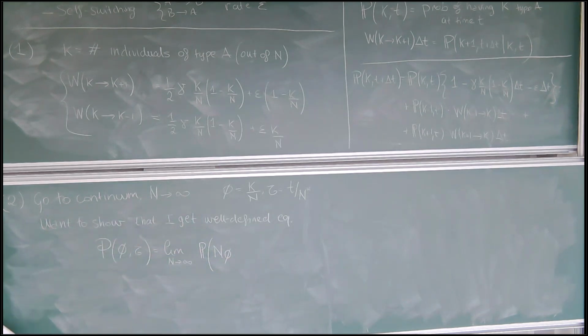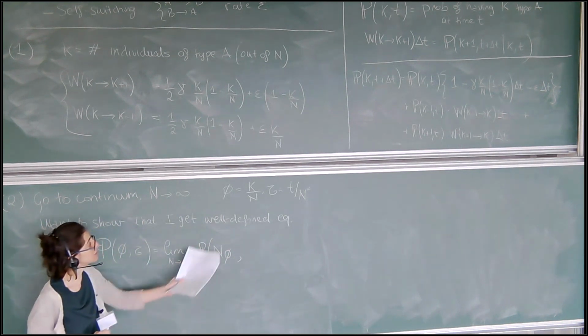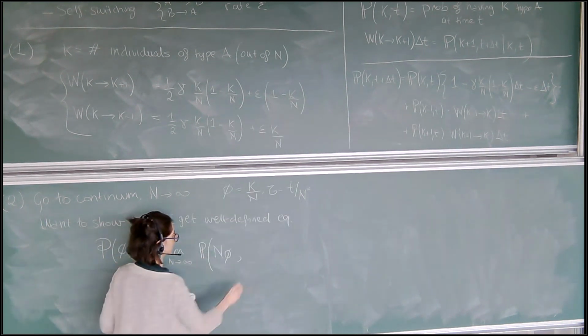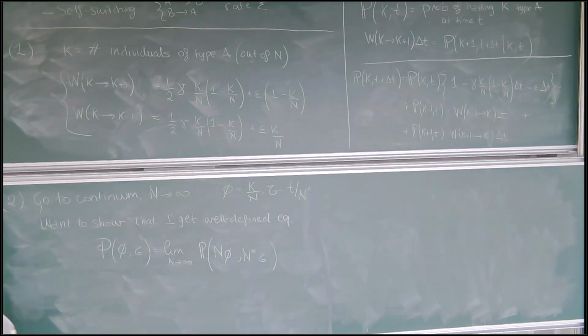So this is a bit formal, but then we will see what I mean. And at the previous time t, which is rescaled with respect to the one of the continuous process.